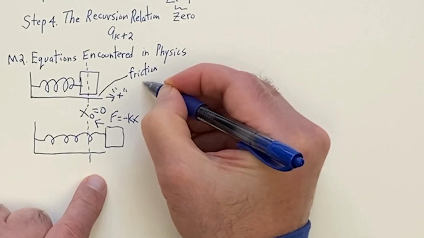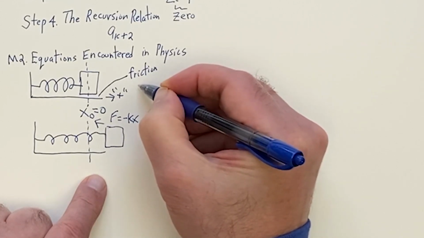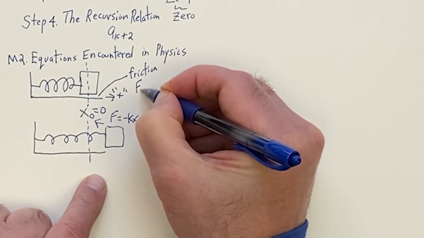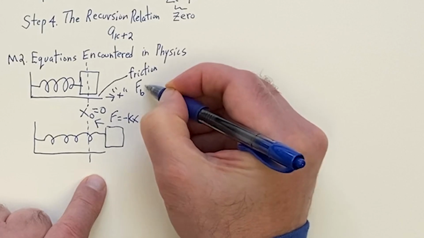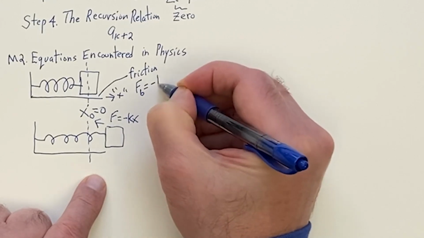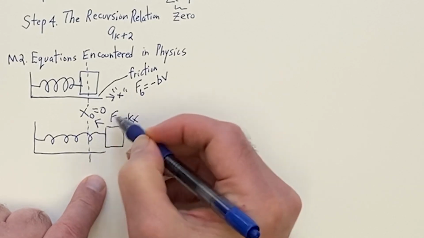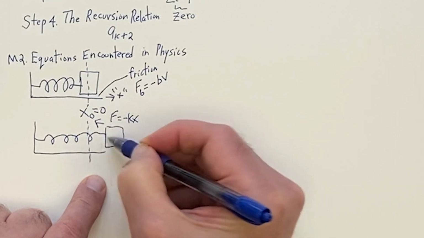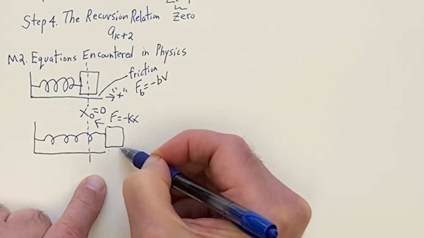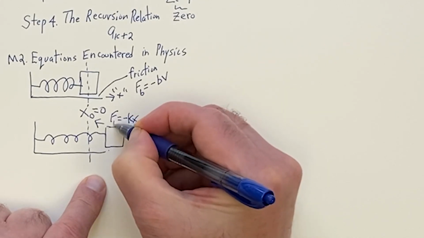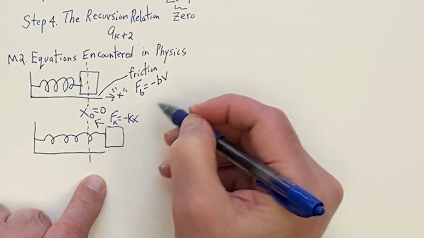One model says that the friction, we'll call that F sub b, is proportional to the velocity. And that's going to be in the opposite direction. So if you're moving this way, then the friction will be to the right. So this we could put down as F sub k, that's the spring force.